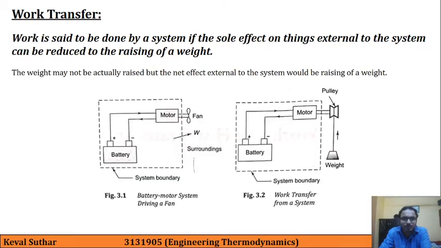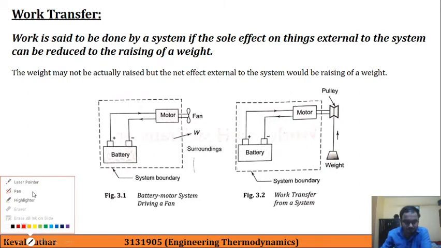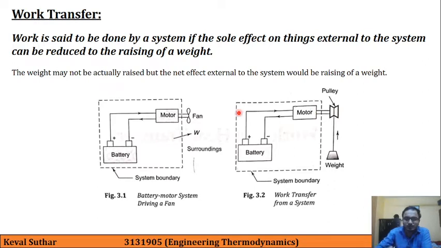So here we took an example of battery and motor. Here with this battery we are running this motor and we are having a fan which is rotating. So this rotation of fan is replaced with a rising of weight. So this is work transfer from the system.